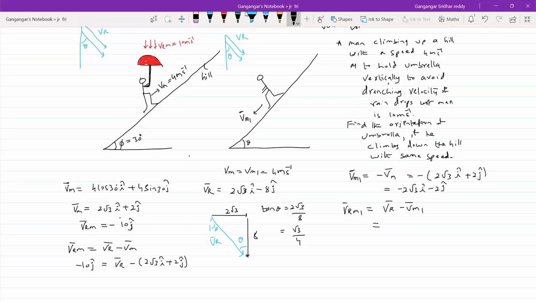VR bar 2 root 3 I cap minus 8 J cap, velocity of man. This is minus of minus 2 root 3 I cap minus 2 J cap. So the 2 root 3 plus 2 root 3 will be 4 root 3 I cap, minus 8 J cap plus 2 J cap will be minus 6 J cap.